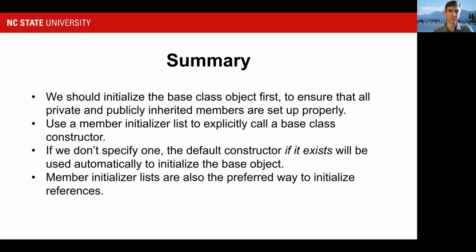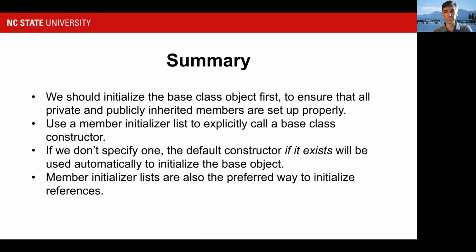Okay, so in summary, we should initialize base class objects properly when we make a derived class. Any derived class constructor needs to worry about how its base class members get initialized. The key problem is private members that a derived class is not allowed to access. The only way to initialize them is through a constructor, so we need to use a member initializer list to explicitly call a base class constructor.